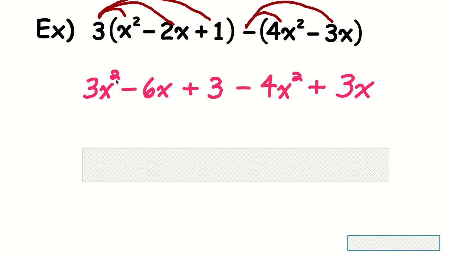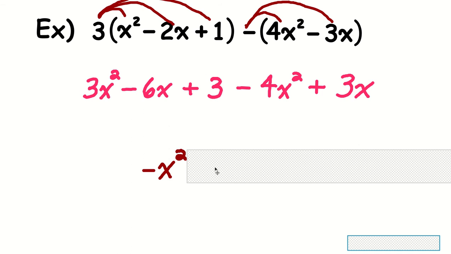And then now we look to only combine the terms that are like terms, like this guy and this -4x squared. So what's 3x squared and then -4x squared make? That's right. -1x squared, which is really just -x squared. You don't need to write the 1, even though that's technically what this is. And then this -6x, will that combine with anything?